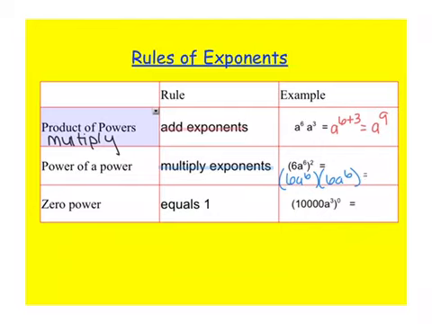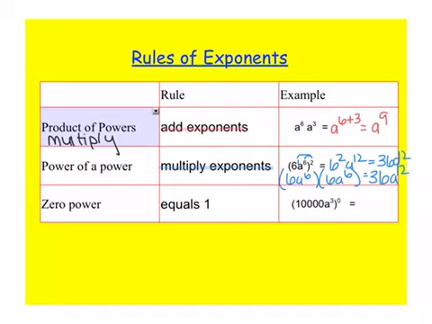So we would get 6 times 6, which is 36, a to the 6th plus 6, which gives me a to the 12th. Another way that we can think of that is this 6 has an imaginary 1 as an exponent, so this is where we do our multiplication. We kind of distribute that idea. So I get 6 squared, and then a to the 6th times 2 gives me a to the 12th, which then I know is 36, a to the 12th. So it's the same idea, you're still going to get there either way.